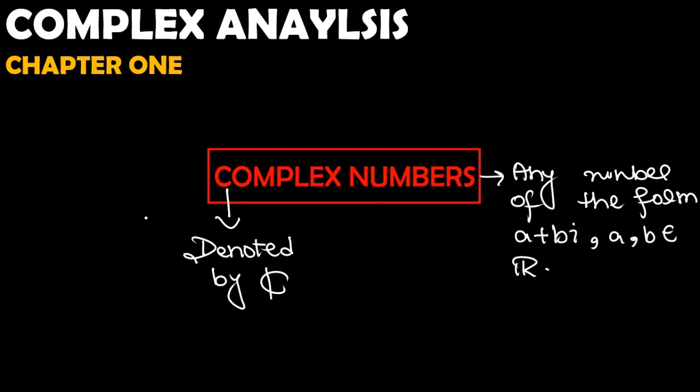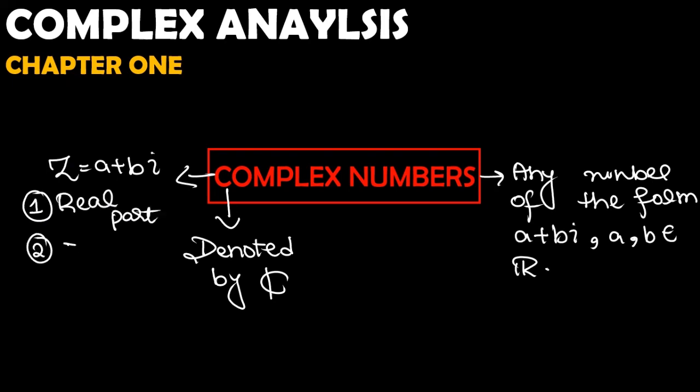A complex number is of the form Z is equal to a plus b iota, where a and b are real numbers. Then it contains two parts. One is the real part, and the second is the imaginary part.